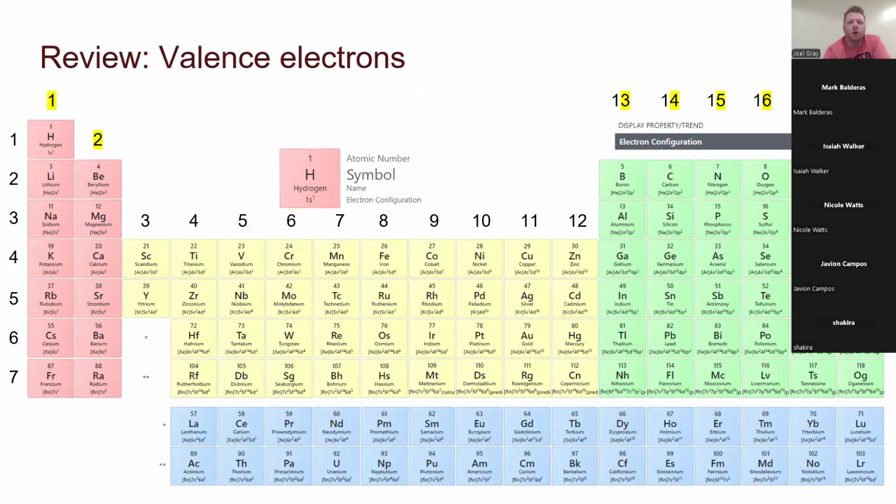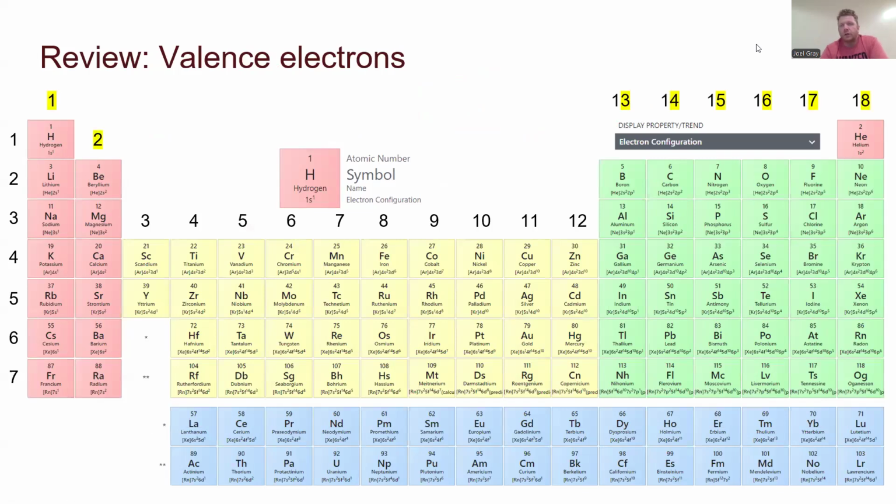This all has to do, in part, with where different materials are on the periodic table, but also the number of valence electrons they have.